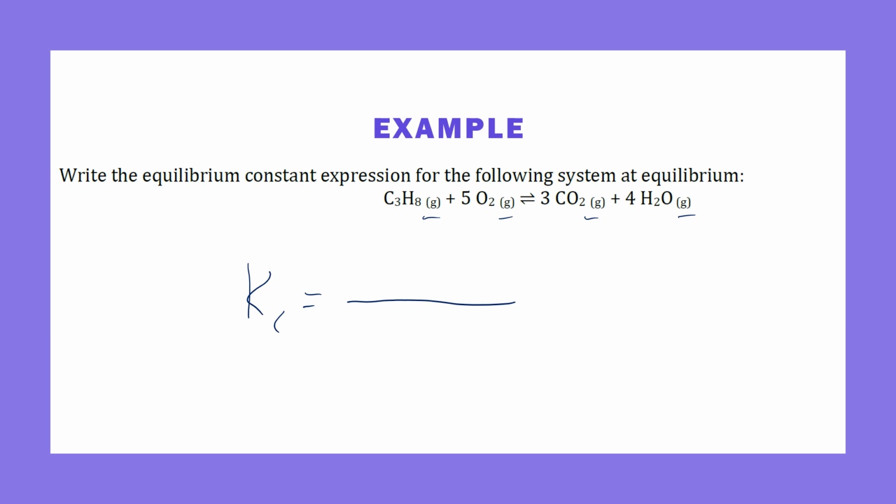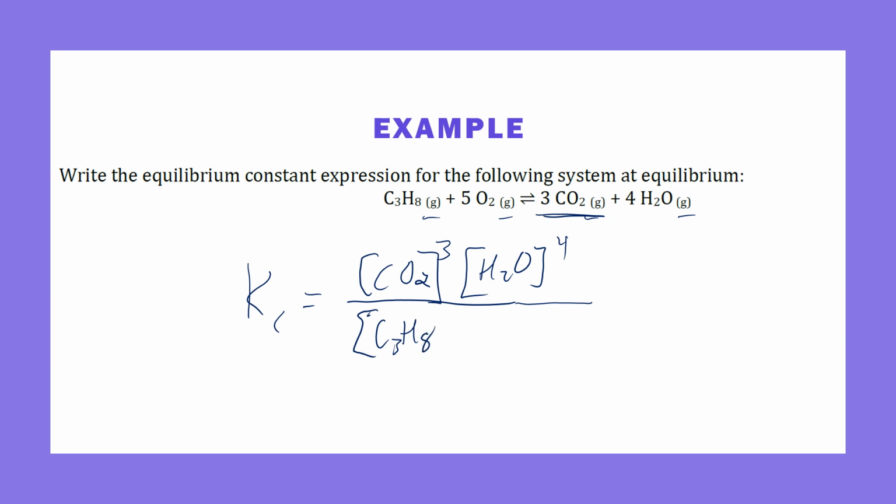So again, products over reactants, we're going to do the CO2 cubed times the H2O to the fourth, and over the reactants, the C3H8 times the O2 to the fifth. So that is my equilibrium expression for that reaction.